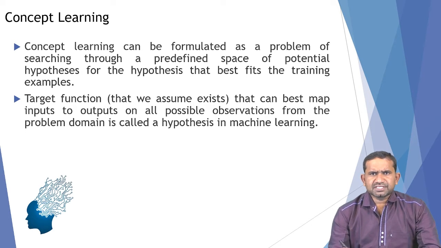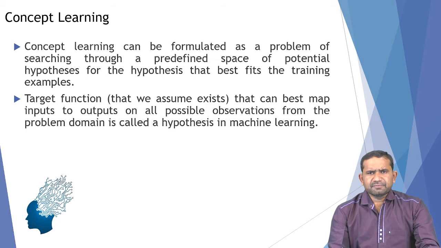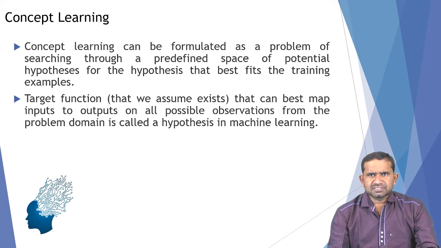Best one means we have a number of opportunities, that is, a large number of hypotheses. From those we select the best one. For example, hypothesis 1, hypothesis 2, hypothesis 3, up to hypothesis 10.